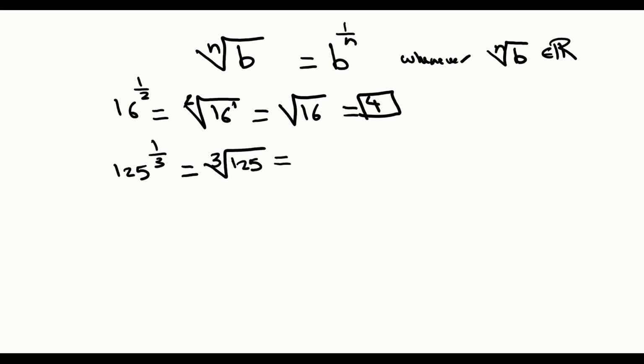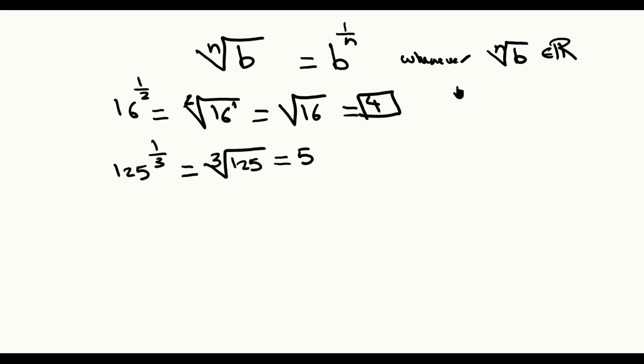And if you recall from the tables that we were asked to memorize in our last lecture, this is 5. When you see the cube root of 125, the question you want to ask yourself is very simple. What number do I cube to get 125? And of course, that number is 5.